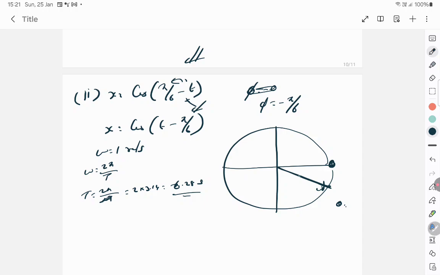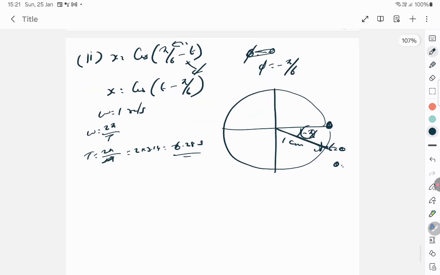So I know that this is the initial point, t is equal to 0. And then this is my phase, which is minus pi by 6. And why is it minus pi by 6? Because my starting point is below it. And that's my understanding. I've drawn the phasor diagram, and you know the amplitude is 1 centimeter. I found the time period and everything. Okay, so that's beautiful. Let's go to the next question.